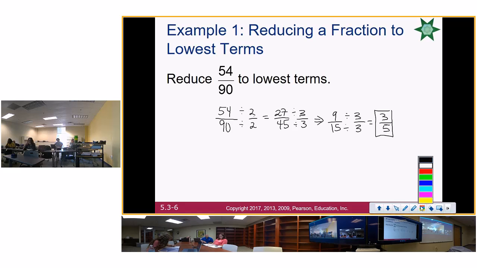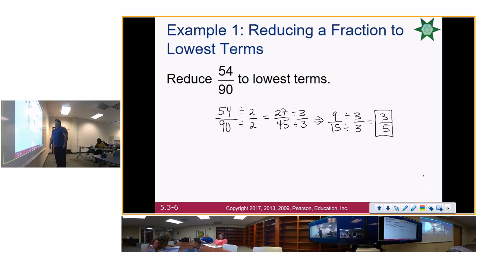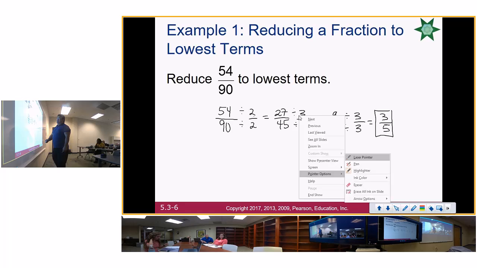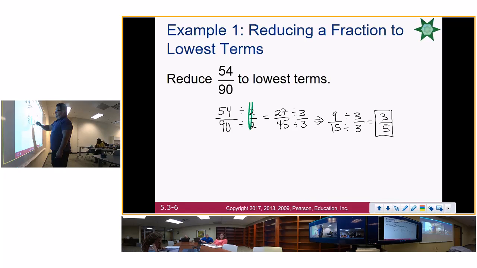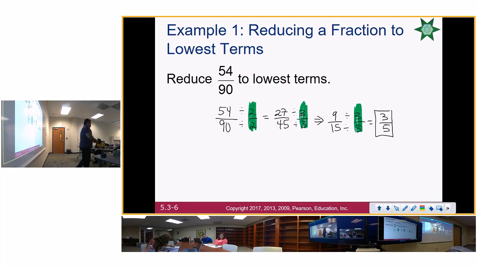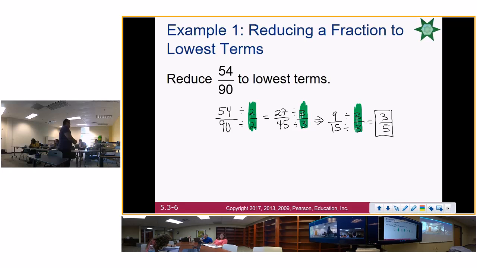And that's what I do. I show people that way. I don't show people, oh, I already know what I'm doing. That don't work too well, especially with students that have a hard time with fractions. Okay? I divided by 2, then I divided by 3, then I divided by 3 again. And that's how you simplify or reduce a fraction.